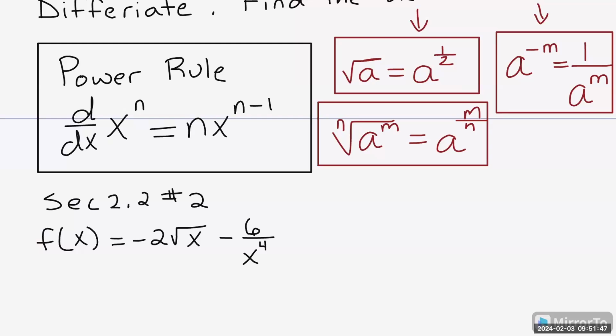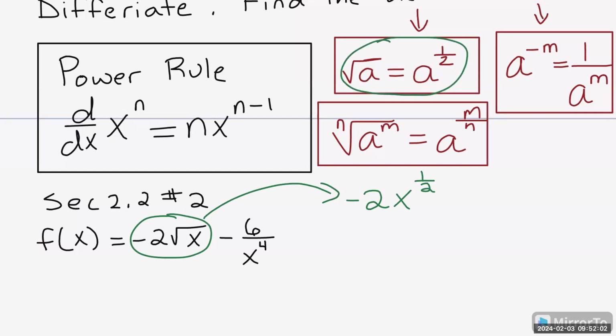So what I mean is that the negative 2 root x, I can rewrite this as negative 2 times x raised to the power of 1/2, because the square root of some number is the same thing as that number raised to a power of 1/2.